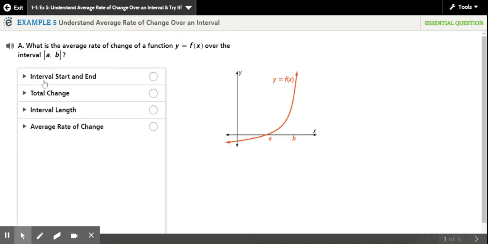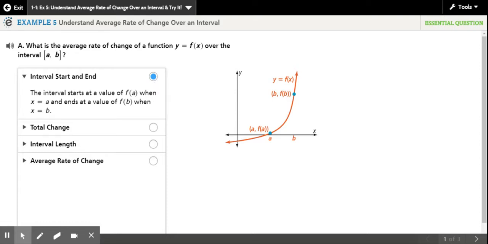So let's take a look at this example. If we're talking about the interval from A to B, the first thing you're going to do is figure out what the ordered pairs are. So if it's asking for x values of A and B, you need to figure out what is f of A, which would be like your y value.